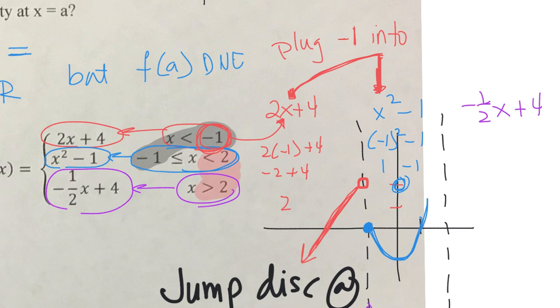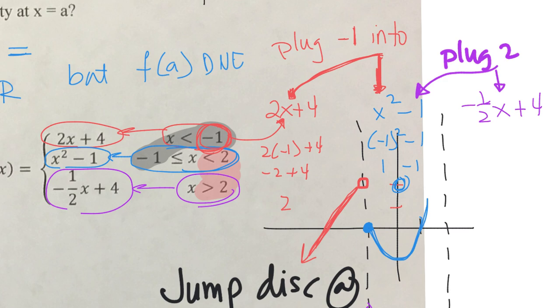So what is happening at the other constraint? At +2, you're going to plug +2 into these equations, the ones on the left and the right side. So we're going to plug a 2 into your quadratic, and we're going to plug a 2 into your purple one. I guess it's a linear.